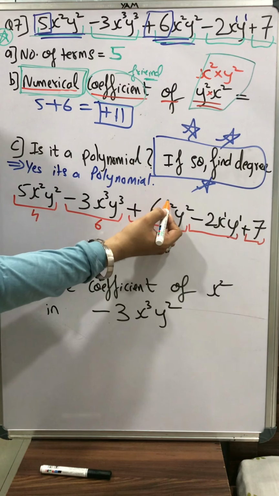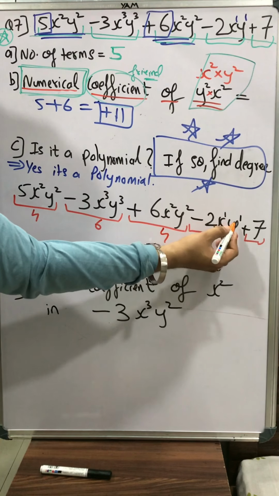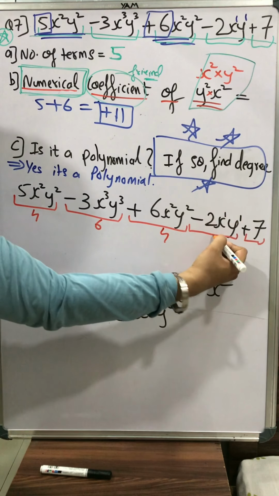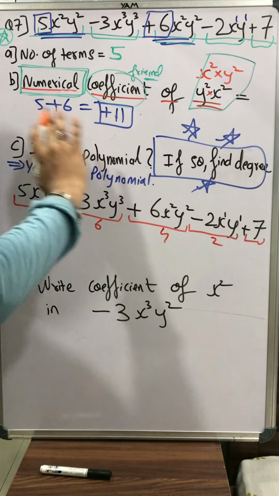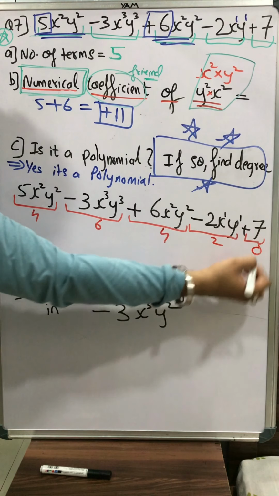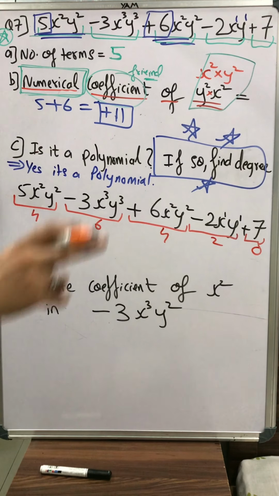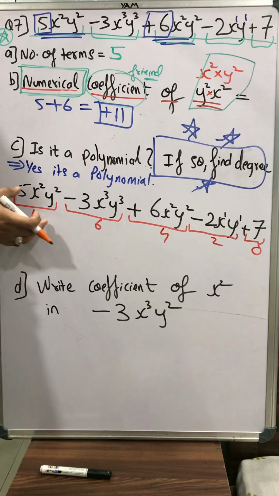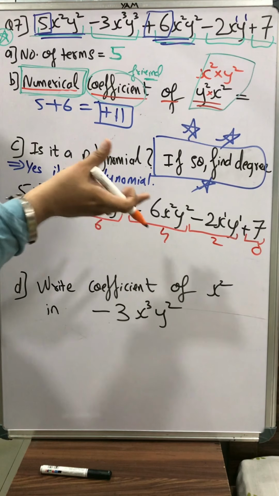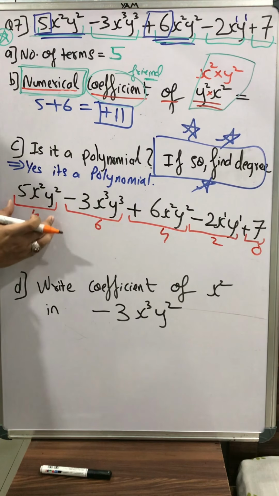Here the power of x is 2, the power of y is 2, 2 plus 2 becomes 4. Here the power of x is 1, the power of y is 1, 1 plus 1 becomes 2. Here when no variables are given, always remember the power will be 0, because no variables are given.